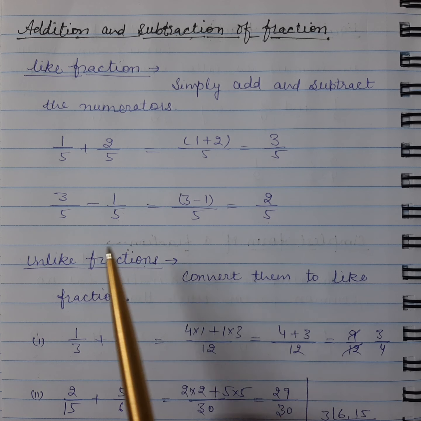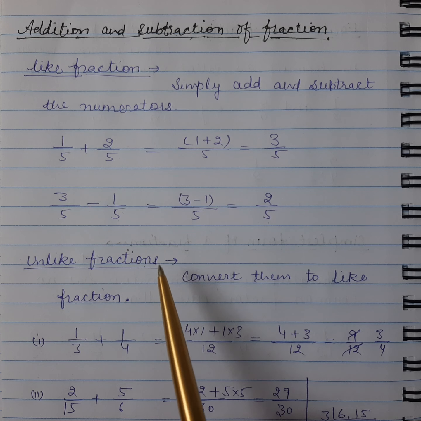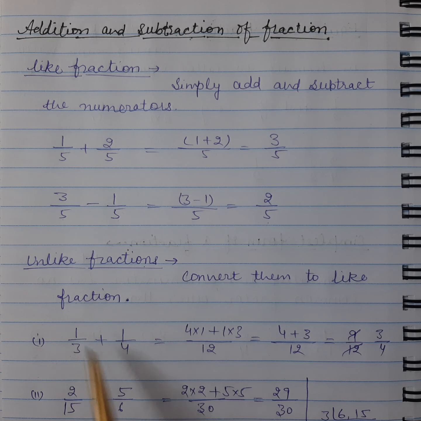To convert unlike fractions into like fractions, we have to change their denominators so that both of them have the same denominator. If we take the LCM of 3 and 4, then 3 and 4 will be factors of that LCM, and if we take the LCM as the denominator and also change the numerator, we'll get the like fraction.